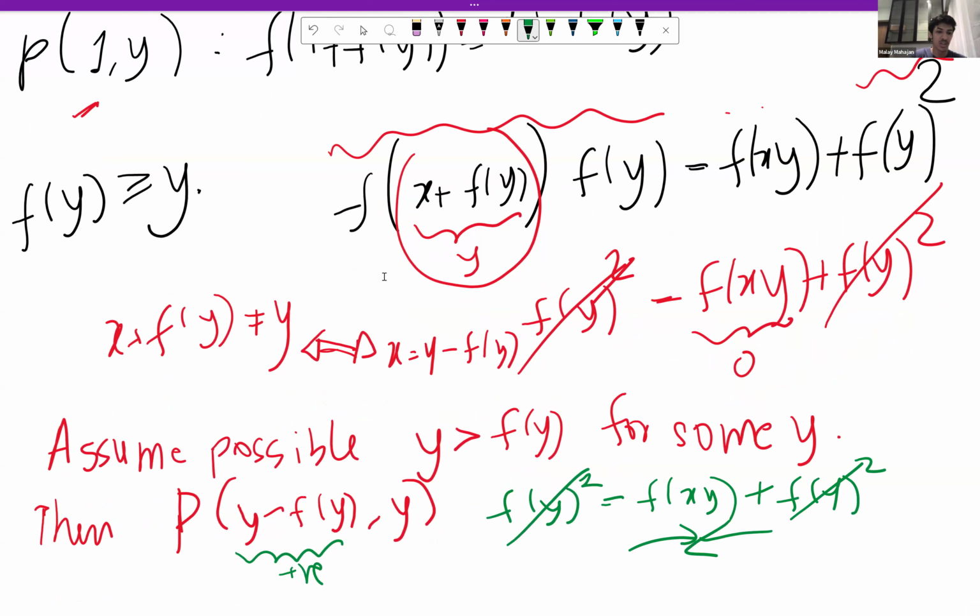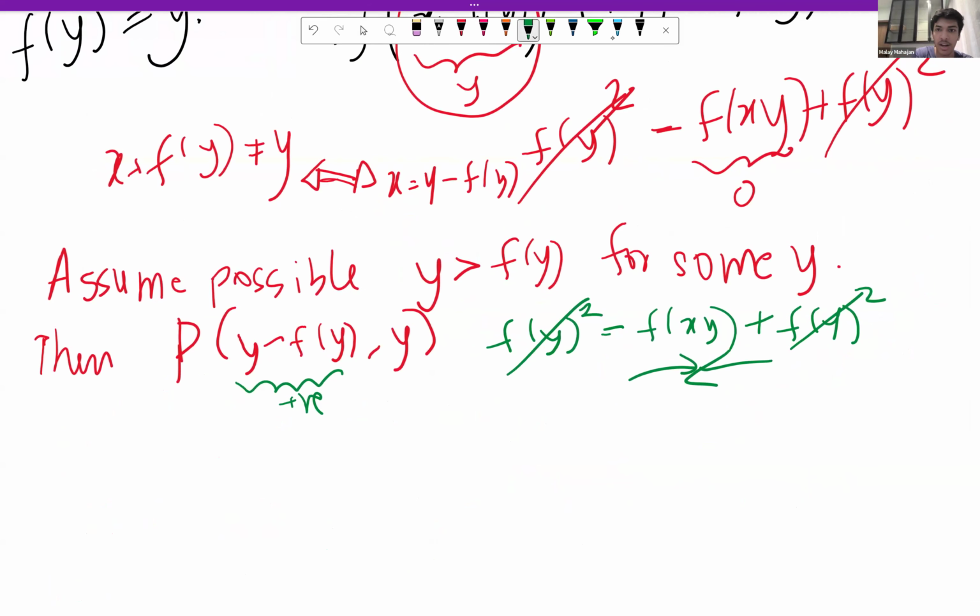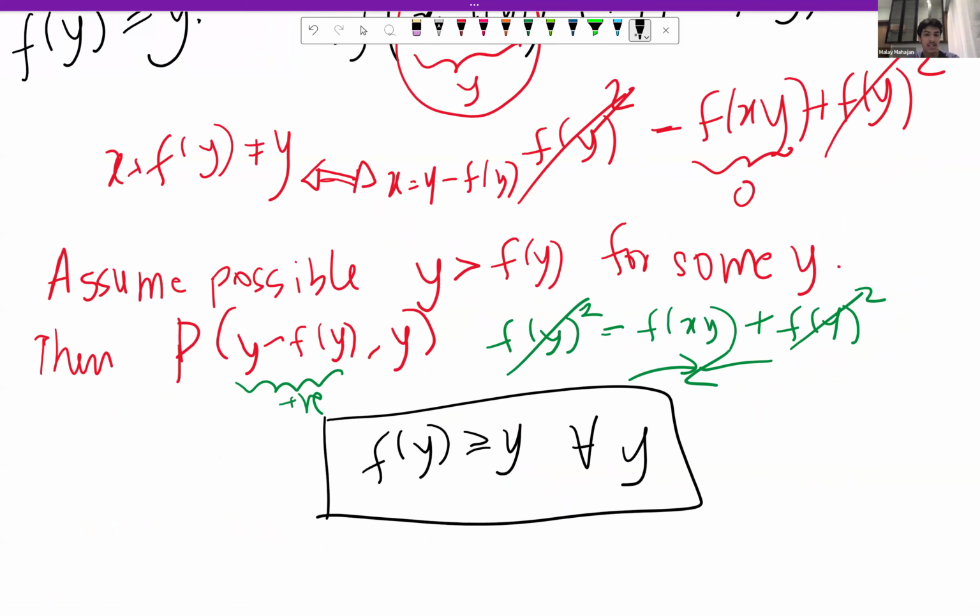So what is the issue? Our assumption is wrong and hence f of y is greater than or equal to y for all y. Is this clear to everybody? So yes, this is what I meant by the problem itself having a condition. In the last one, it was fairly direct, 2x should be bigger than f of x. Here, it's not that direct, but the point is you cannot make these two sides equal. So you have a condition. So is this clear to everybody?